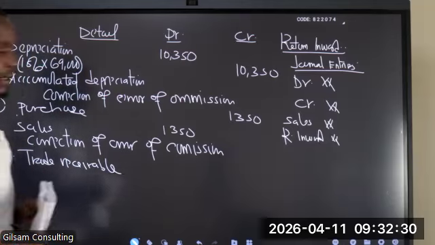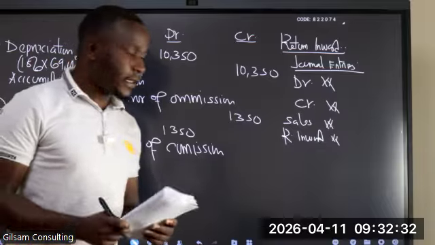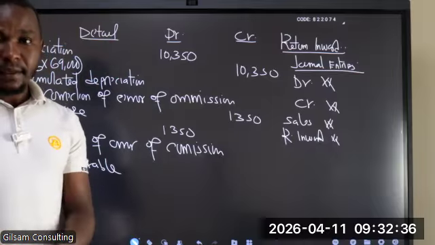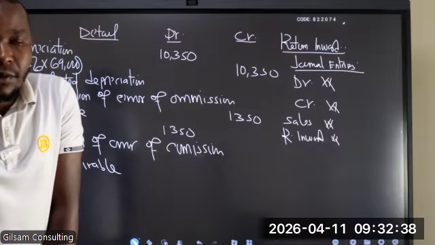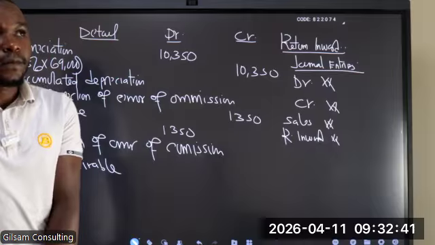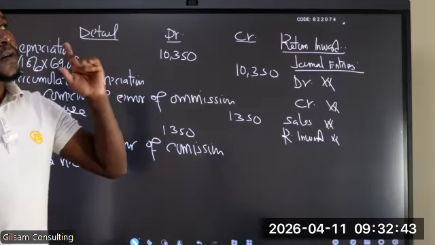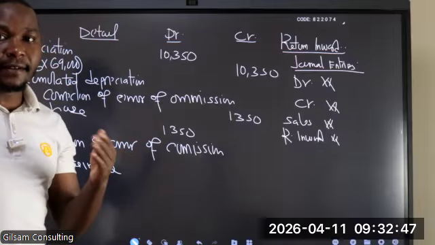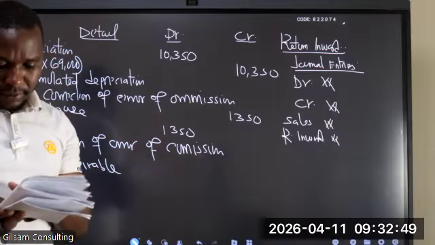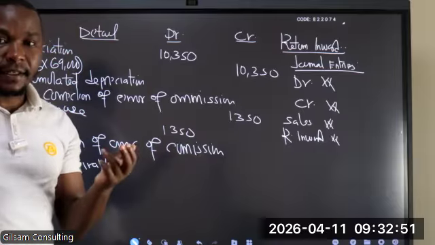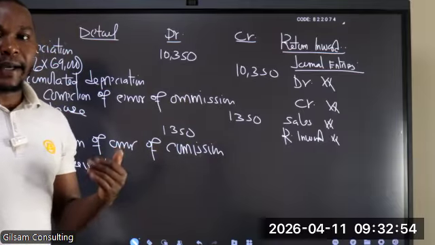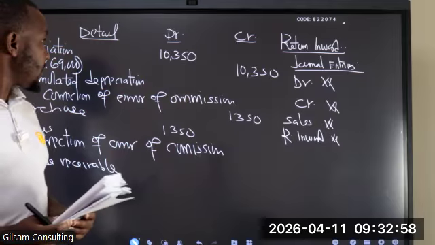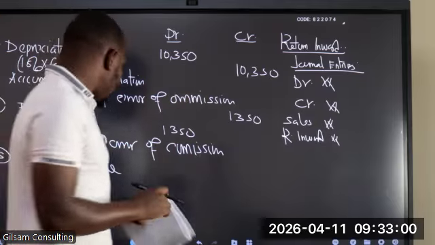So the balancing figure of the receivable should be on the debit because it is an asset. So this value in the debit has been overcasted by 2130. So we have to reduce it by crediting the trade receivable.